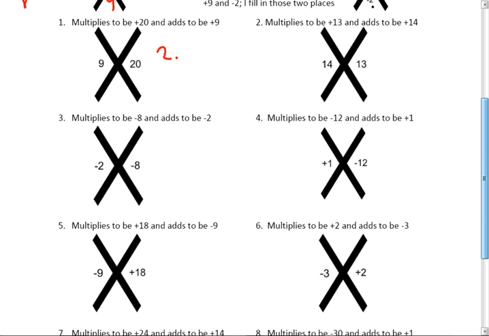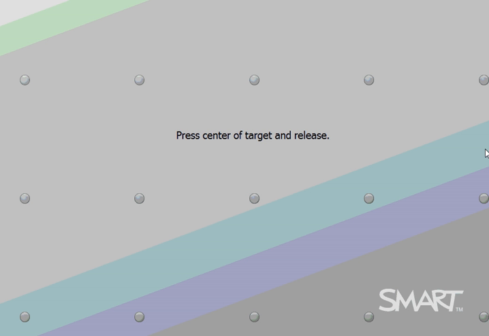Let's do it. 1 times 20. Just write on it. You can press 2 keys to play the game. Hit those 2 and you should get the X's. There you go. You get to play the game.